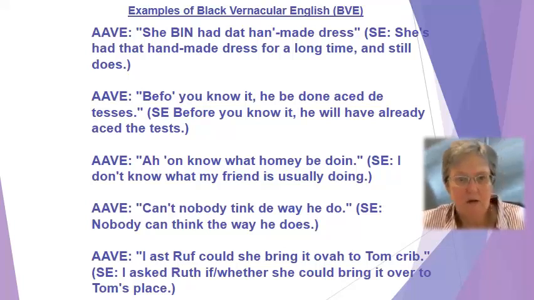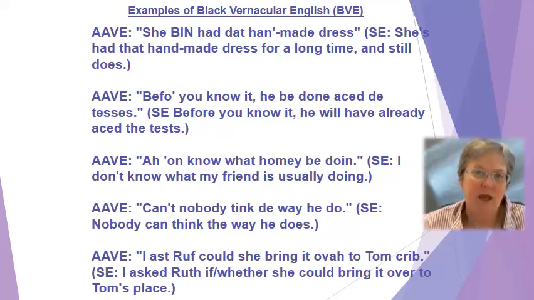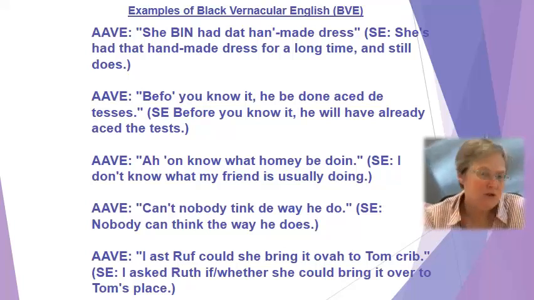So here you see several different statements, such as she been had that handmade dress, which has a lot of these BVE features in it. And it is a regular tense form in Black vernacular English, as are the rest of these. What we find is that African American English has some of the same forms in it, like how it inflects or doesn't inflect the to be verb, that pidgin languages have all over the world.